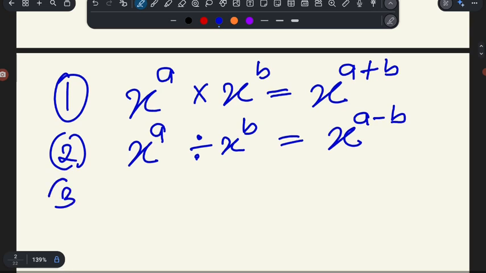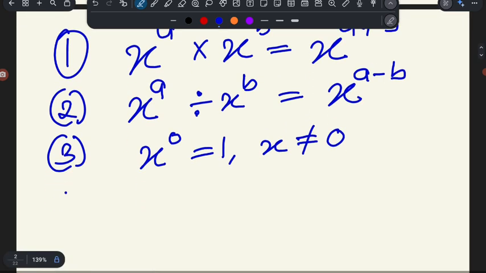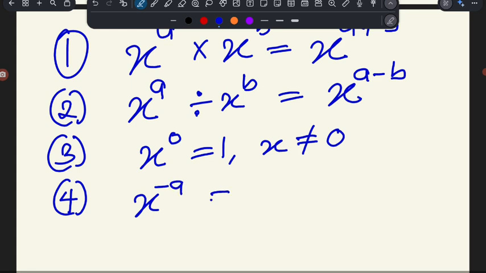It still goes further to tell us that x raised to power 0 is equal to 1, but you need to note that x is not equal to 0, because 0 to power 0 can never be 1. There's another law which says that x raised to power minus a can be written as 1 over x raised to power a.